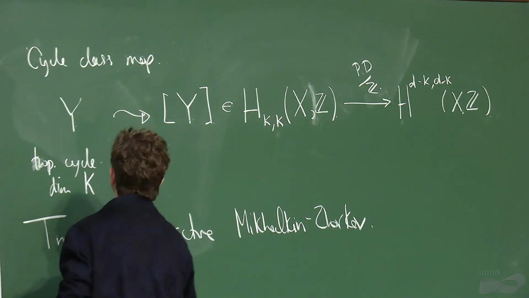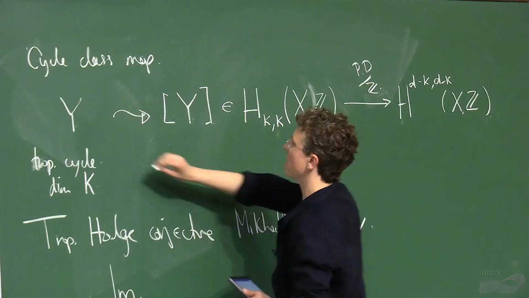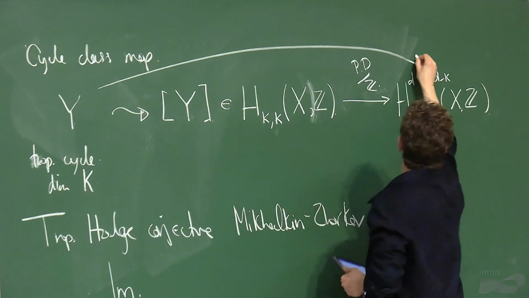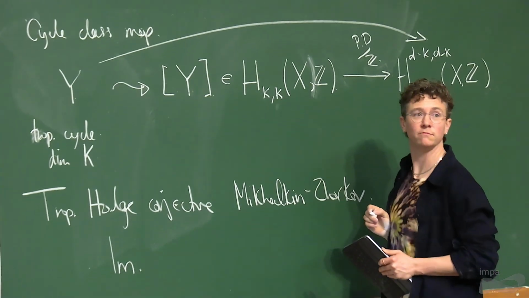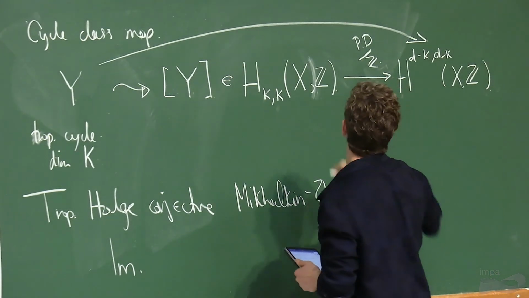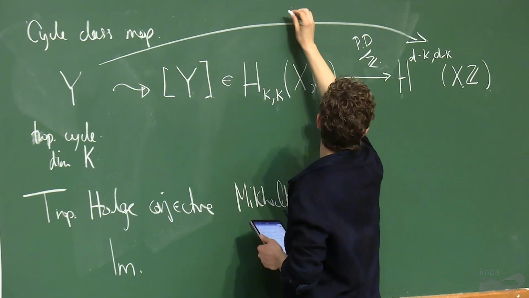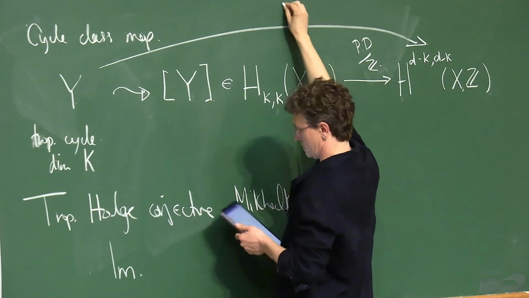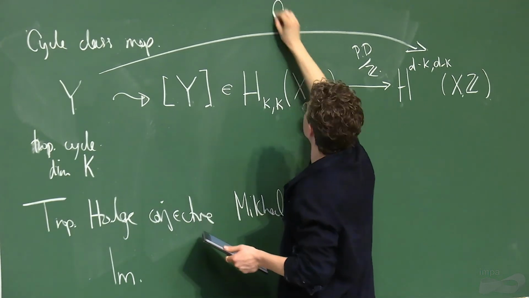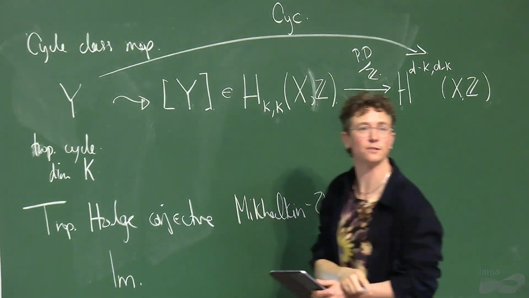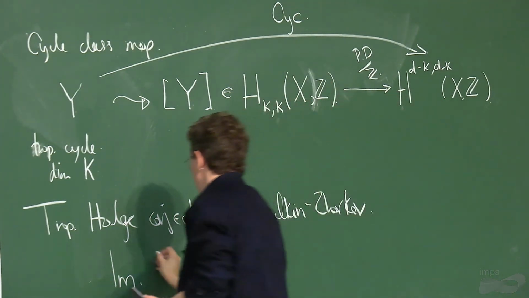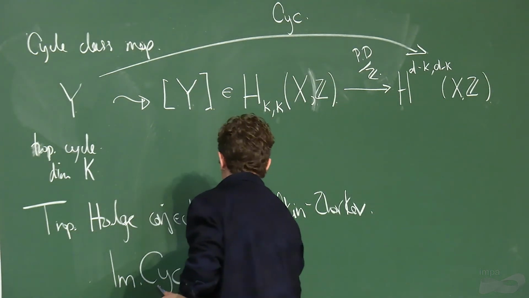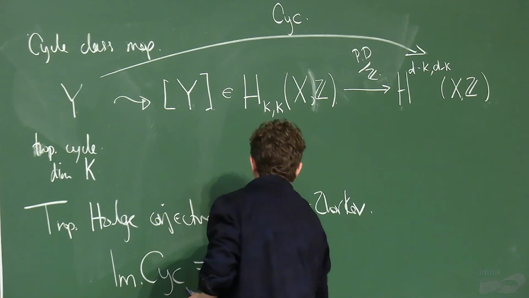image, let me call this map that goes from algebraic cycles to the cohomology, let's call this psi, for cycle class map, that the image of the cycle class map is equal to the kernel of this W map.